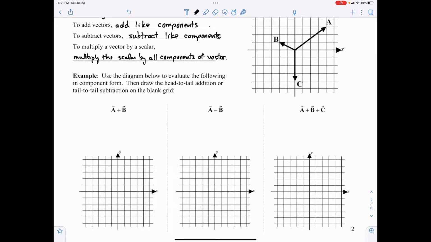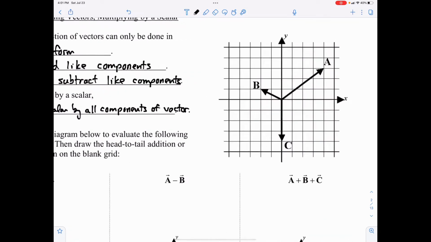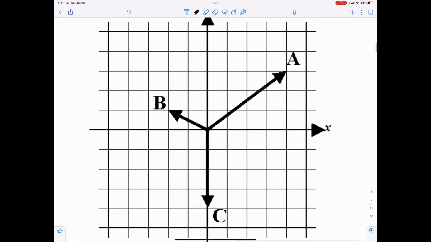Now, if we want to go A plus B, here's how we do it. I'm going to go ahead and zoom in on the picture here. Notice vector A is pointing up and to the right. So what do we do? We take vector B, which is pointing up and to the left, and any vector can slide anywhere on a two-dimensional plane as long as it is the same length and pointing in the same direction.